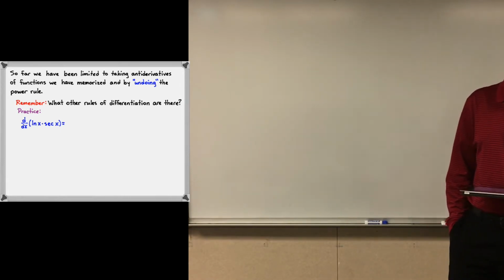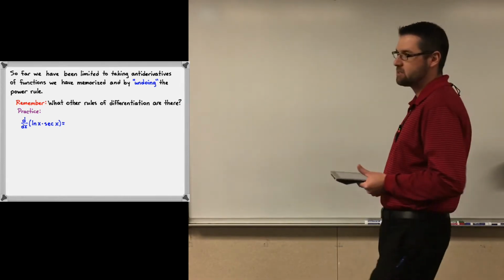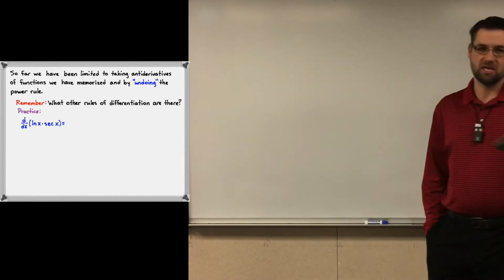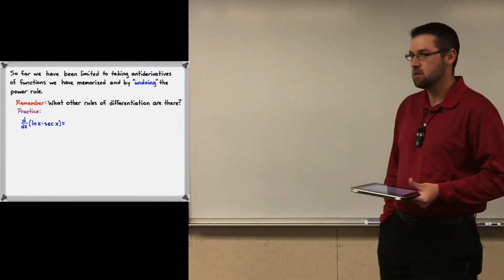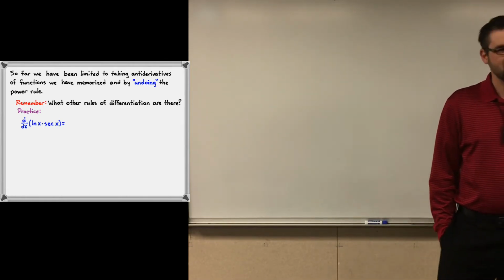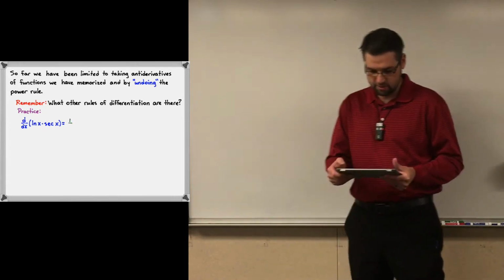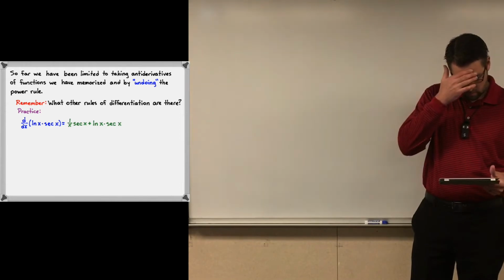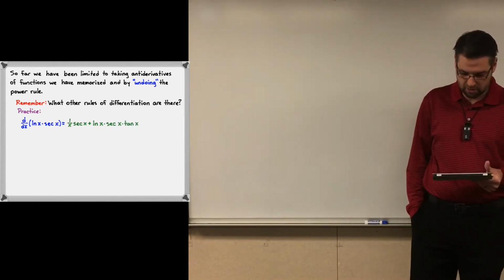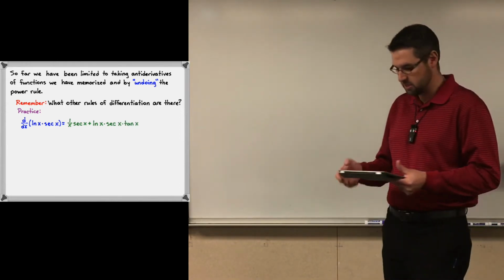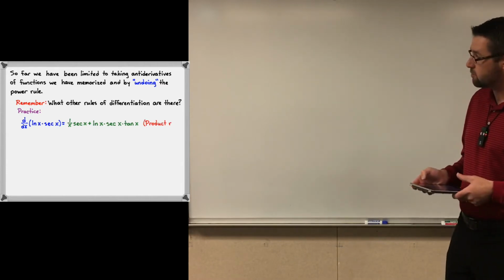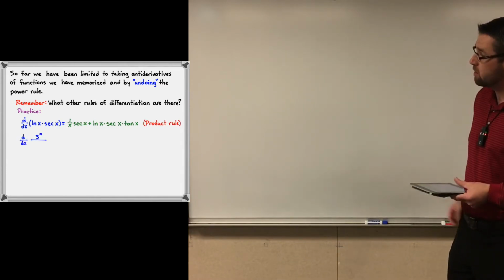What's the derivative of the first? 1 over x times the second, secant x, plus, what's the derivative of secant? Secant x tangent x times natural log of x. Okay, so 1 over x times secant x plus natural log of x times secant x times tangent x, and that is the product rule.